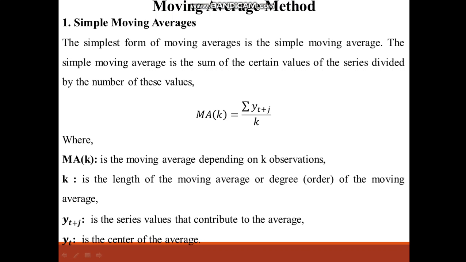K is the length of the moving average, or its degree, or order. Y(t+j) are the series values that contribute to the average, which enter the average and which we add in the numerator, and Y(t) is the center of the average.